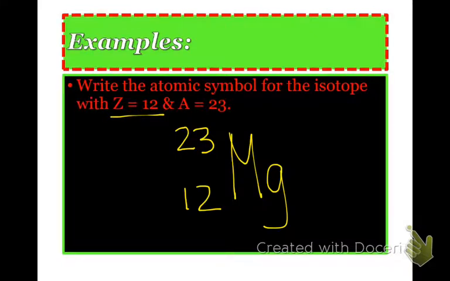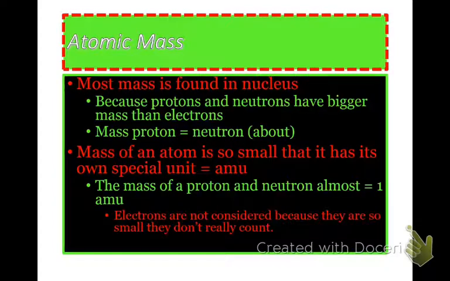Okay. And I think that's it. Yep. Oh, nope. Atomic mass. One more thing. Now we have the mass number, which is the mass of each individual isotope. But when we talk about atomic mass, most of the mass is found within the nucleus itself.